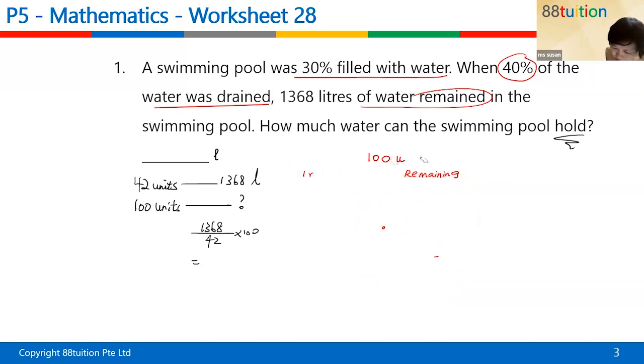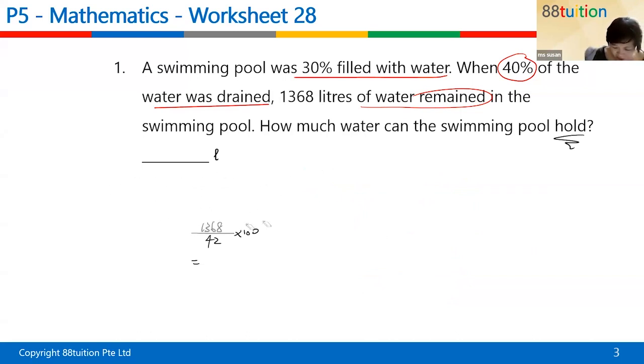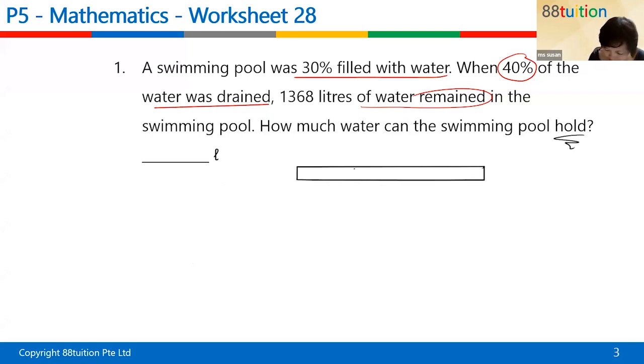This is the one. Sorry, this one my bad. It's filled with water is this one. This one is filled with water, and this is the one that is being talked about, not the 70%. Okay. This is filled with water.